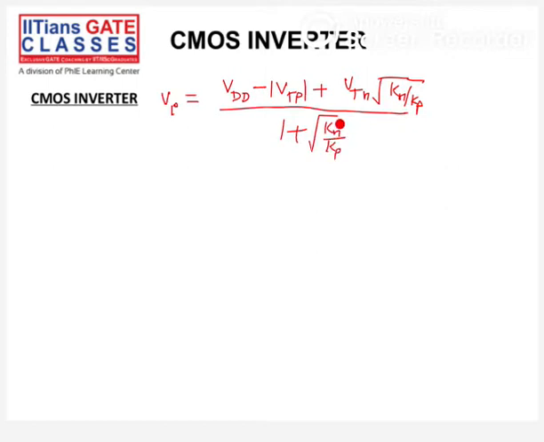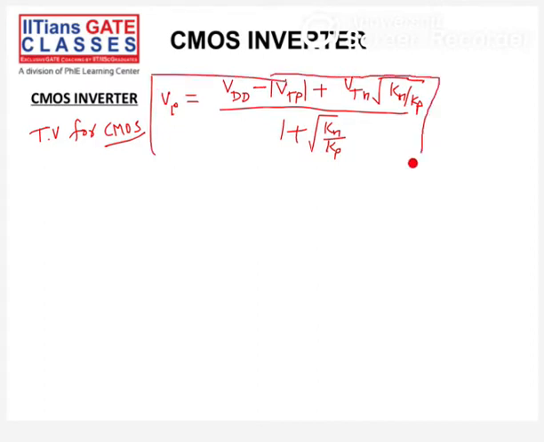This is the condition. Now, this is called threshold voltage for CMOS. We have this. Okay, so this is the expression.